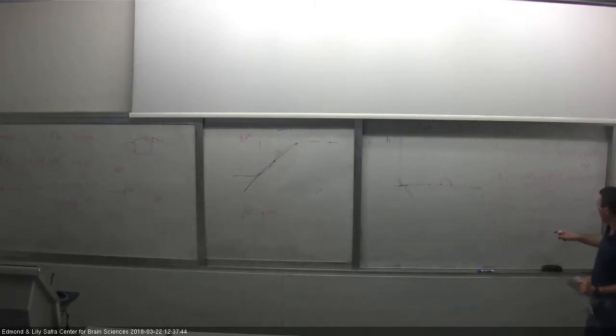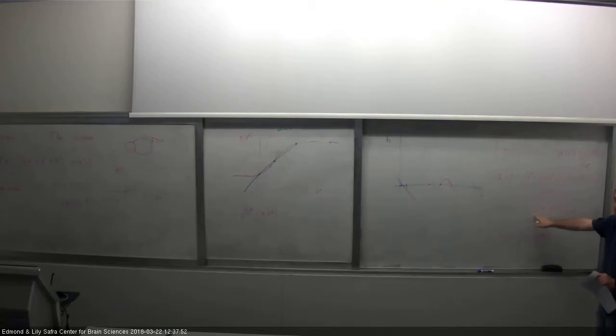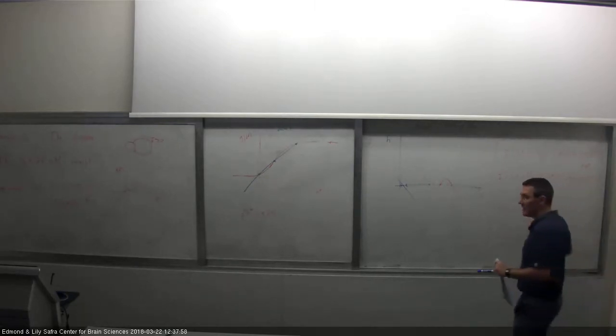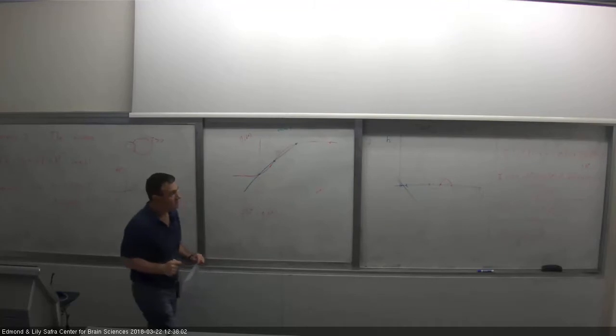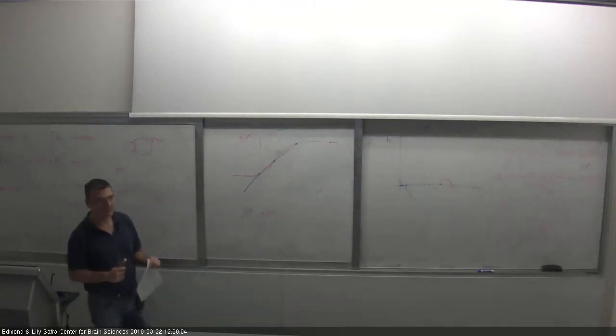So what determines the stability of the fixed point according to this framework? It is just the sign of this term. G prime of h star is the slope of the function at the fixed point.